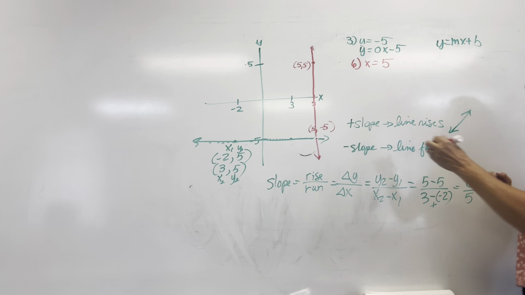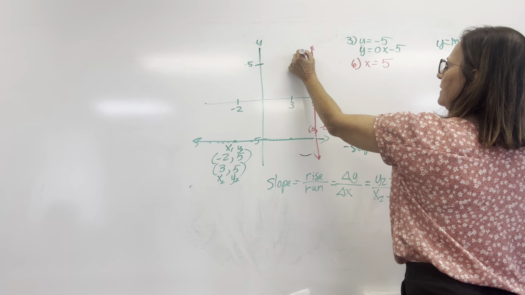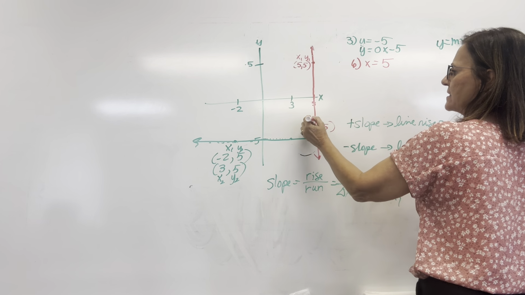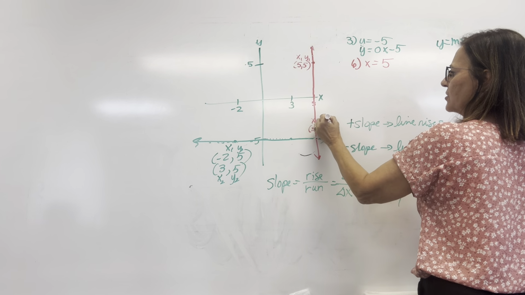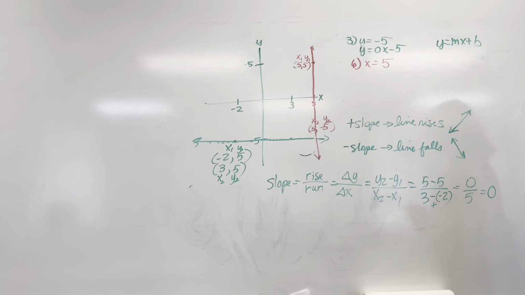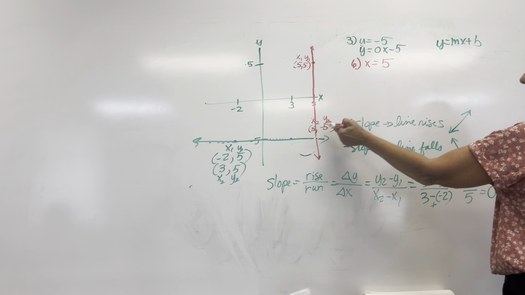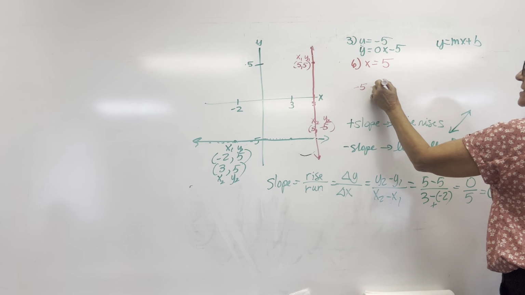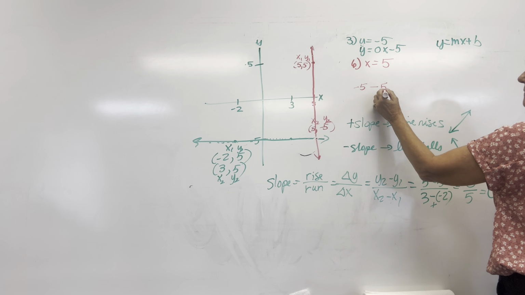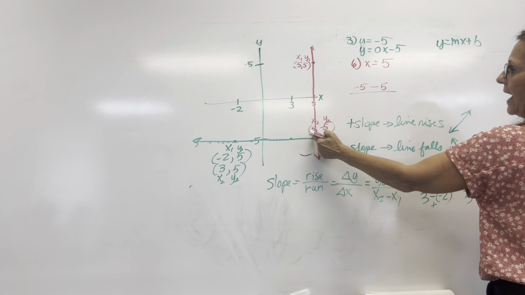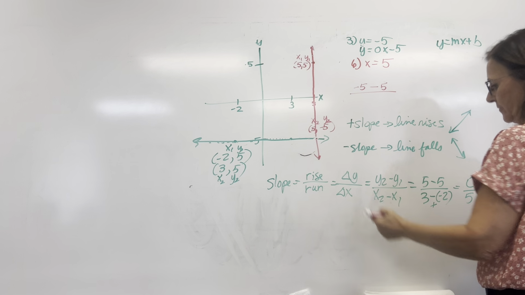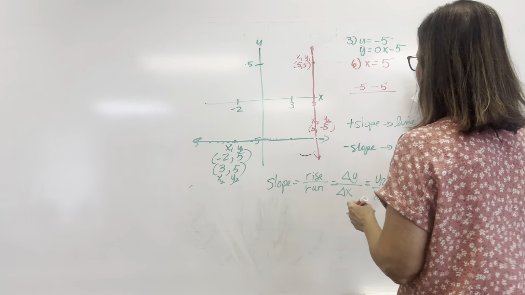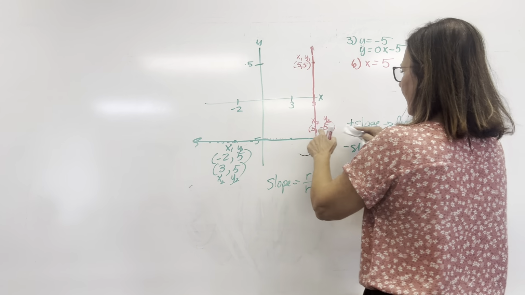And let's calculate the slope. We'll make this coordinate point set 1, this coordinate point set 2. Y sub 2 minus y sub 1 over x sub 2. Let's pick a different point.